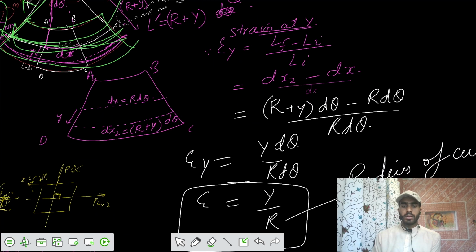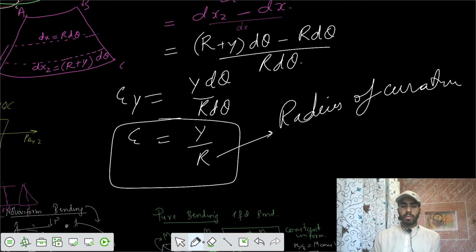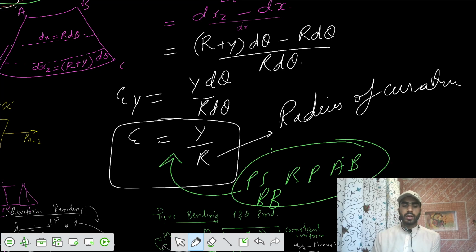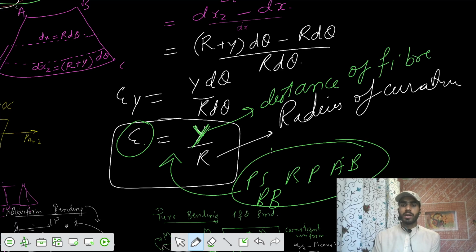Now the conclusion is that, based on the fact that a plane section before bending remains plane after bending, strain is proportional to the distance from the neutral axis. Important: y is the distance of any fiber from the neutral axis.